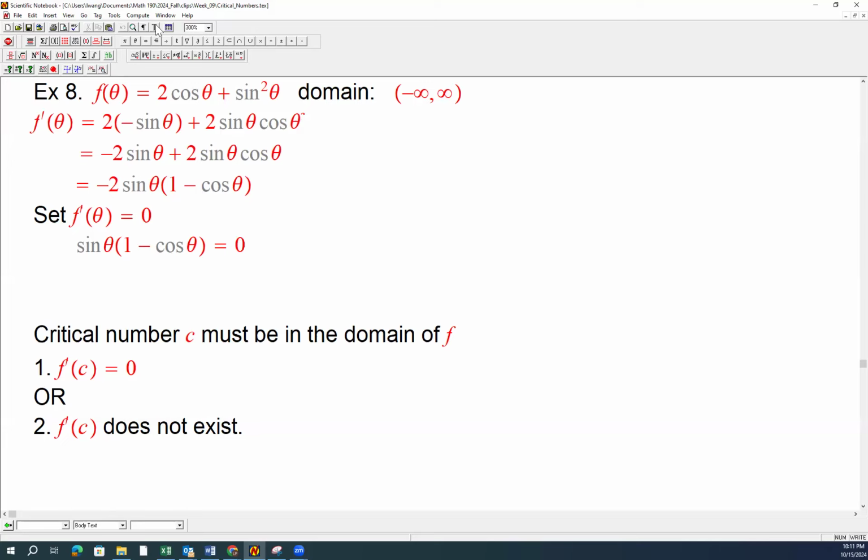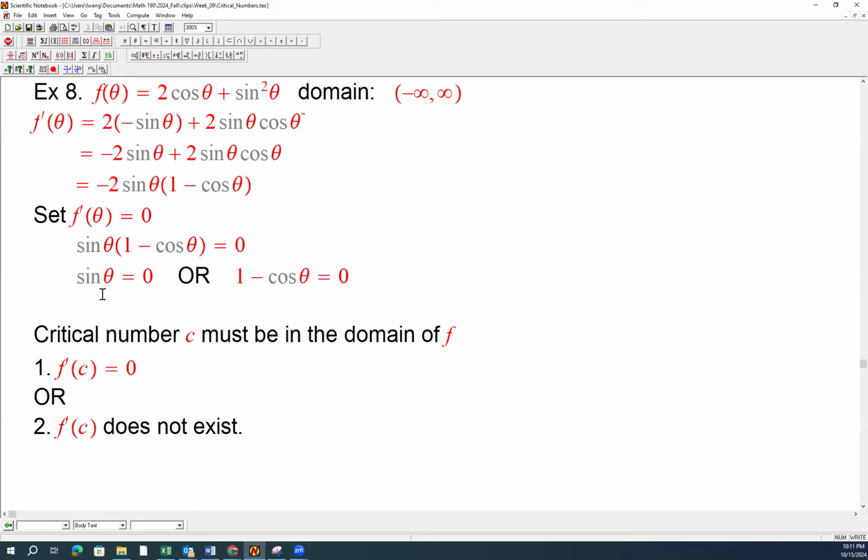From here, sine theta equals 0, or 1 minus cosine theta equals 0. So we have 2 trig equations to solve.